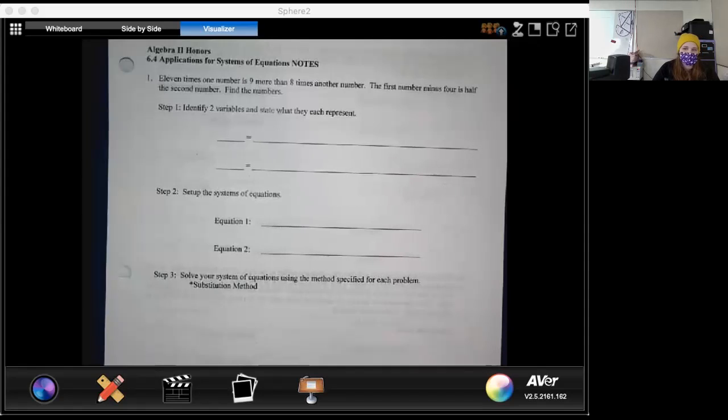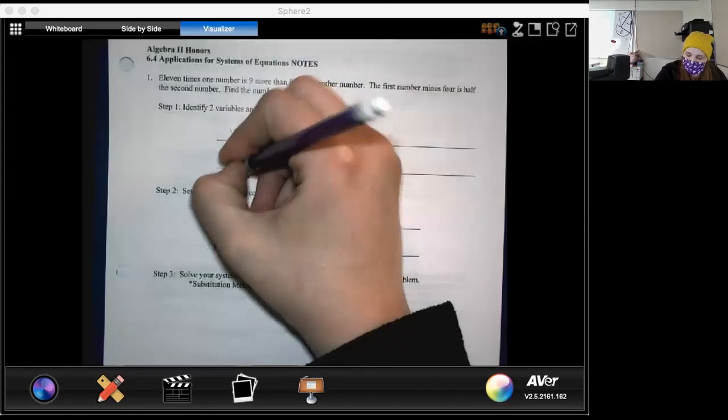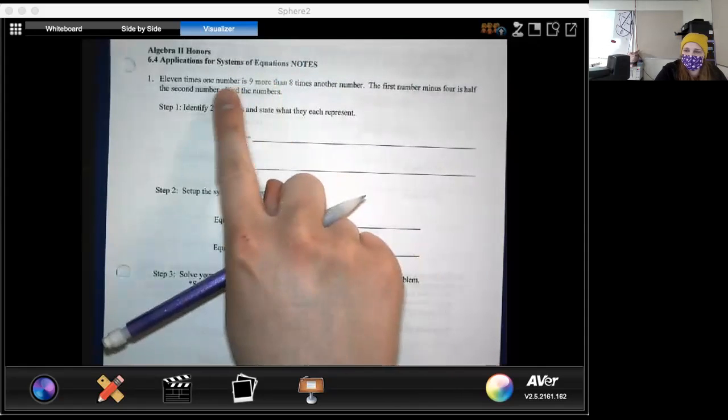In this case, since we're just finding numbers, there's not going to be very much detail on these first ones. Now, as far as variables, I'm fine with X and Y the whole way through, or you can pick different variables. We'll kind of go as we do. So we'll go ahead and do X and Y since it's just basic numbers. And literally what it says in the story is what I'm going to use.